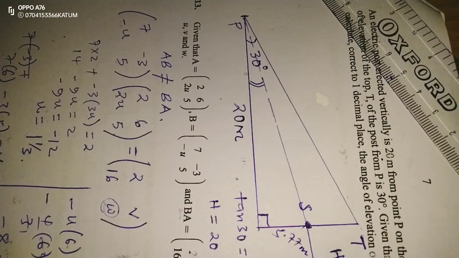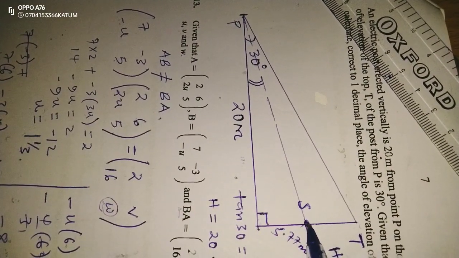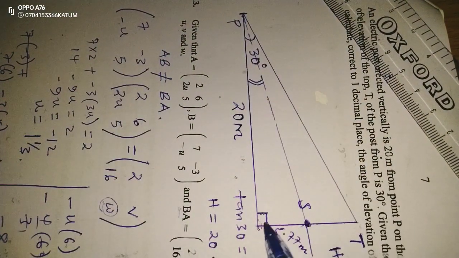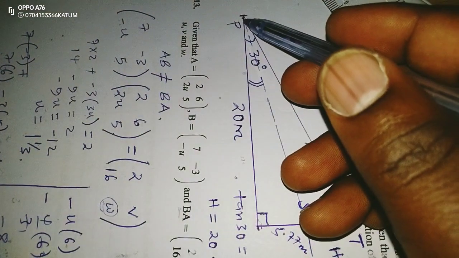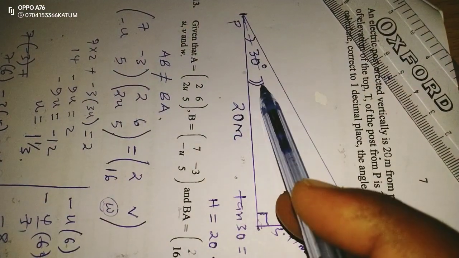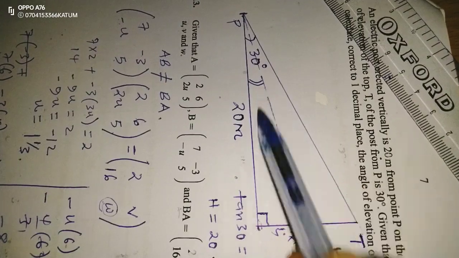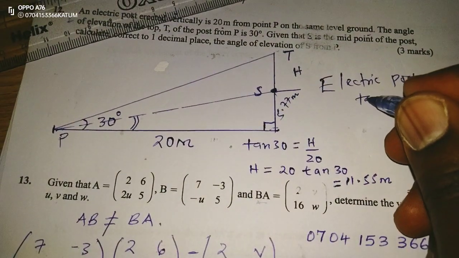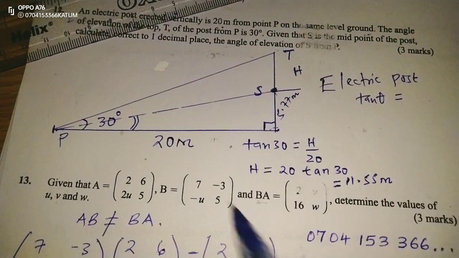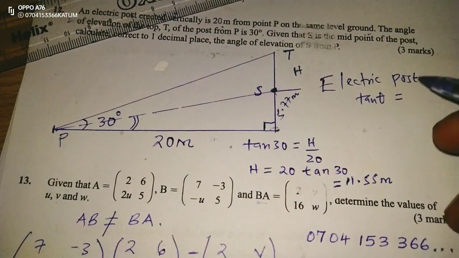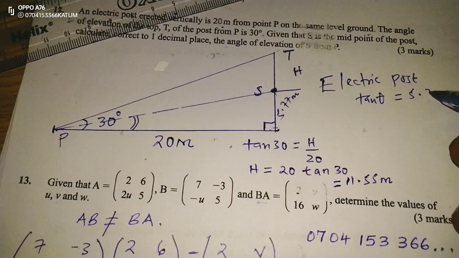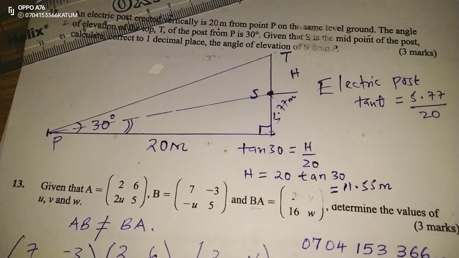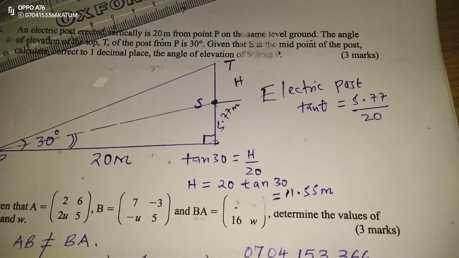Now we have this height, and we have a base here. This remains 20 from the foot of the post to P, and we know this distance, so we can get this angle again using tangent. So we can talk of the tan of the unknown angle theta, given by the opposite, which is 5.77, divided by the adjacent, which is 20.